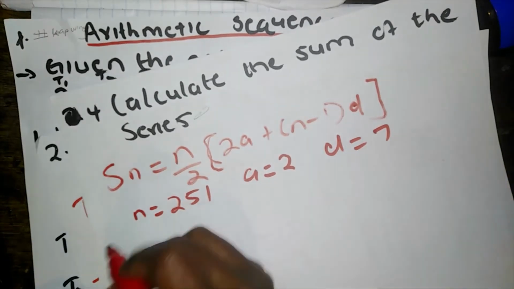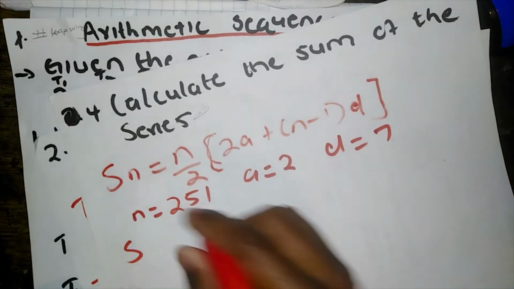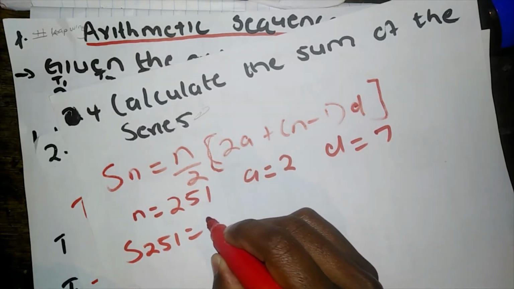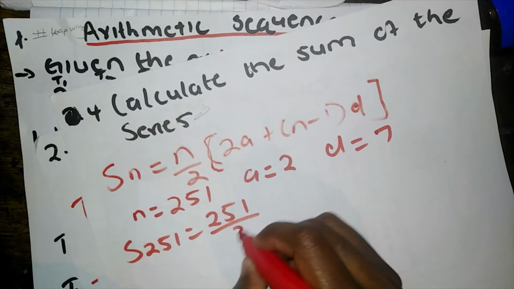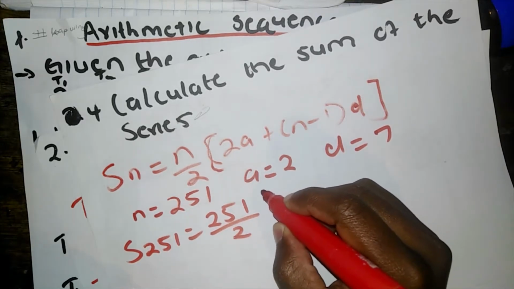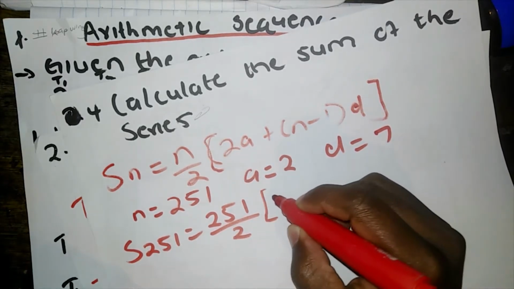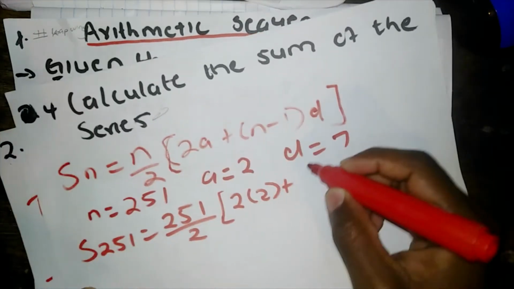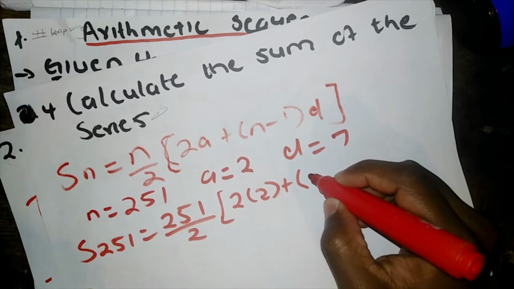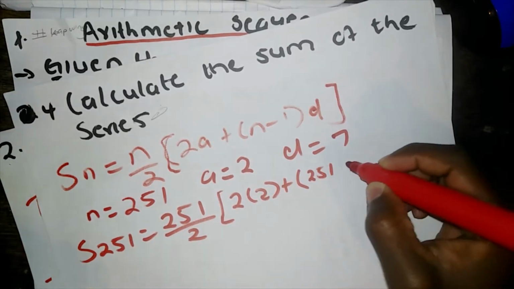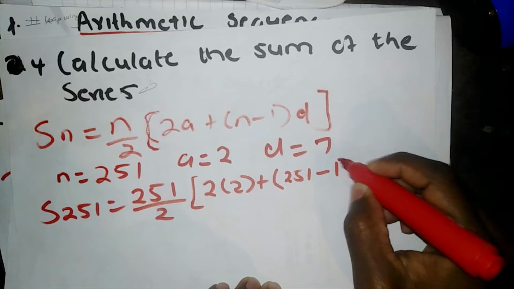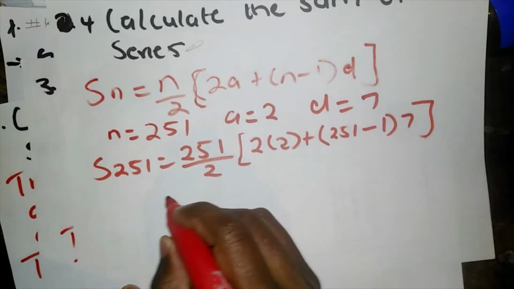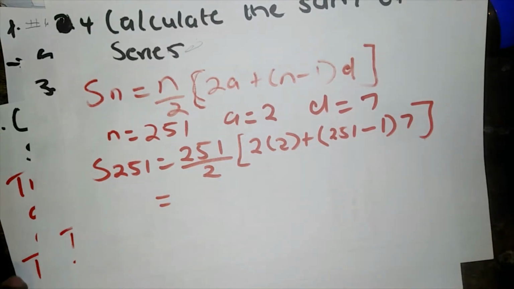Then calculate. Plug in all these values. So S251 is equal to 251 divided by 2, open the bracket, 2 times our a, which is 2, plus our n, 251, minus 1, close the brackets, times the difference 7, and close the brackets. Just take your calculator.